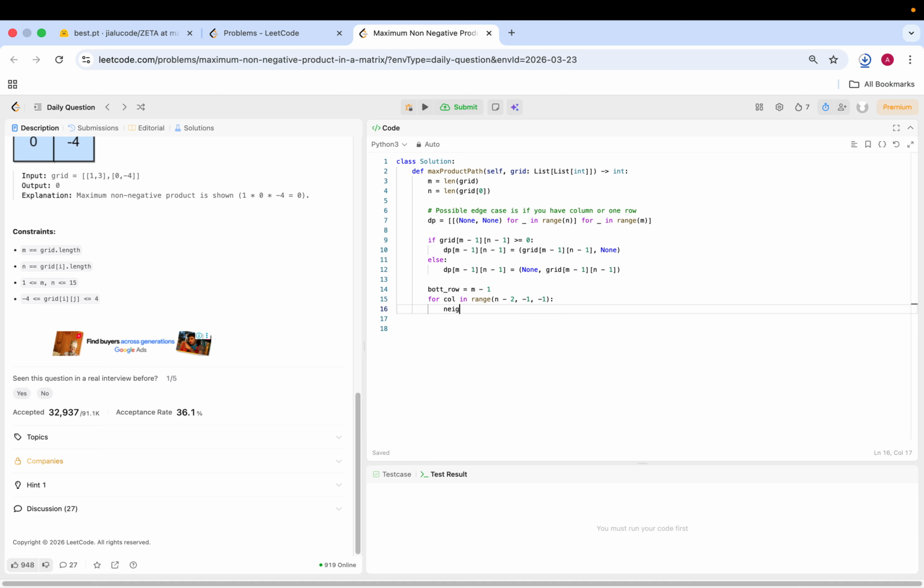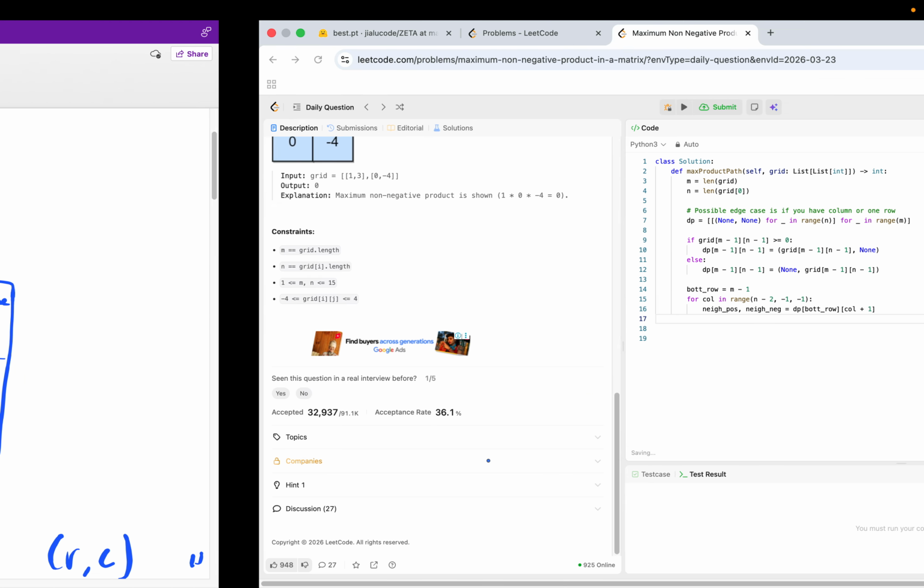The only neighbor you're able to look at is equal to dp, I guess neighbor positive, neighbor negative is equal to dp at the same row, but at the column next to you. So to the right of you, that is.